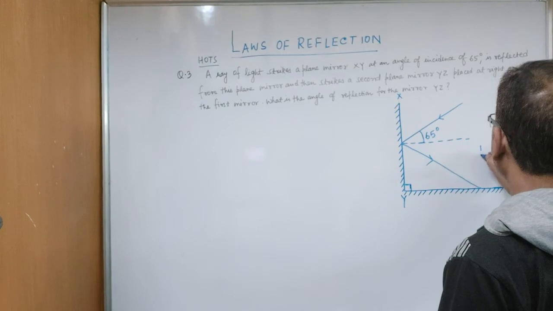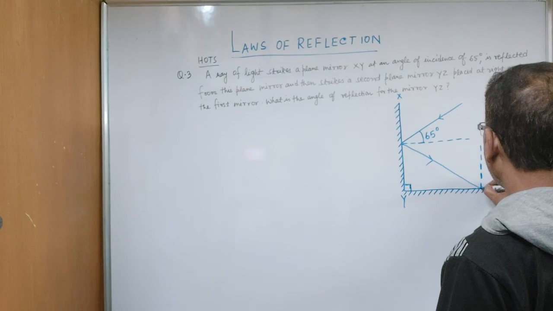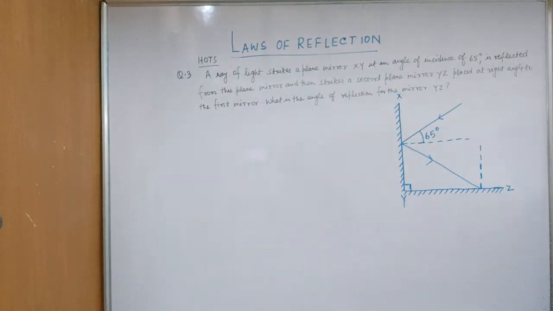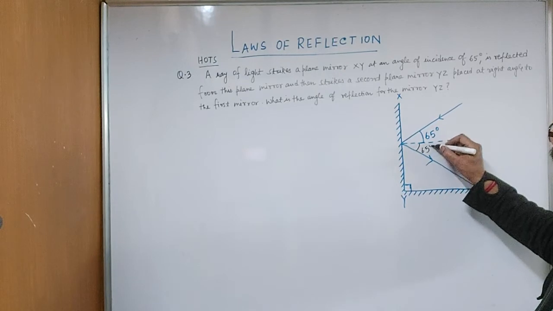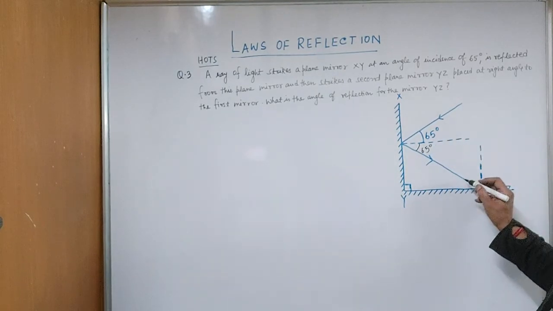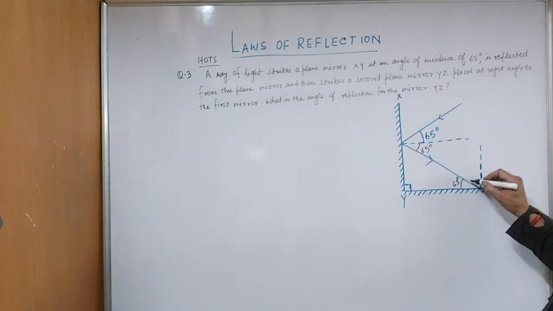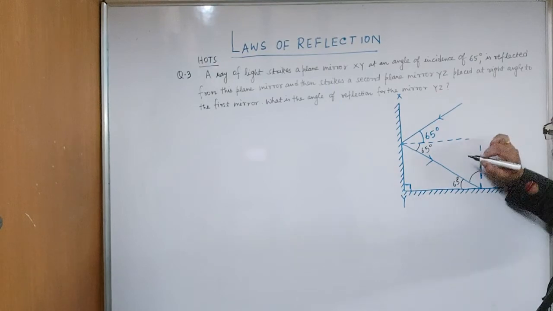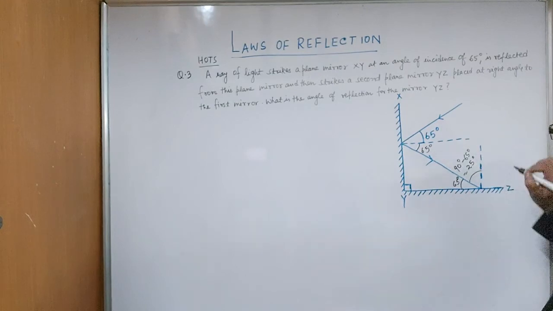So at the point of incidence, again you have to draw a normal like this. Now if this angle is 65 degree, then this angle is also 65 degree. So the angle of incidence here will be 90 minus 65, so 25 degree.